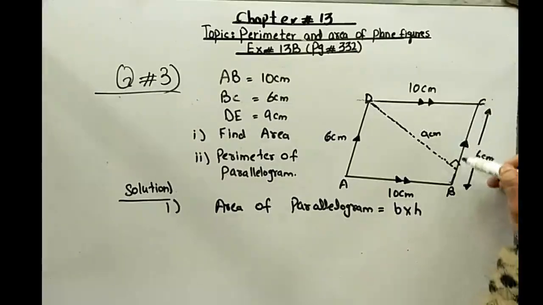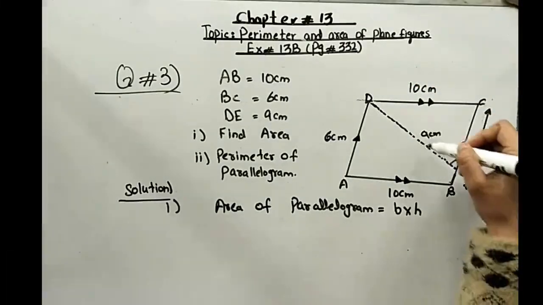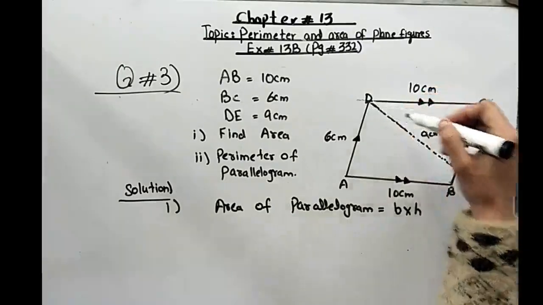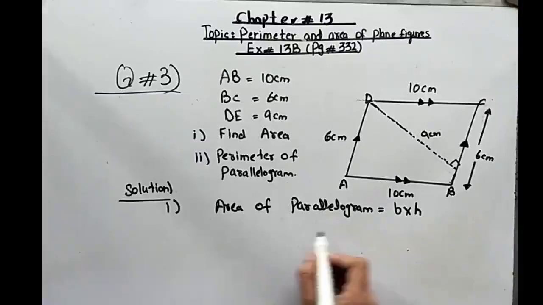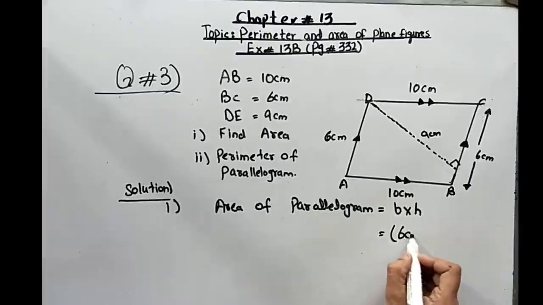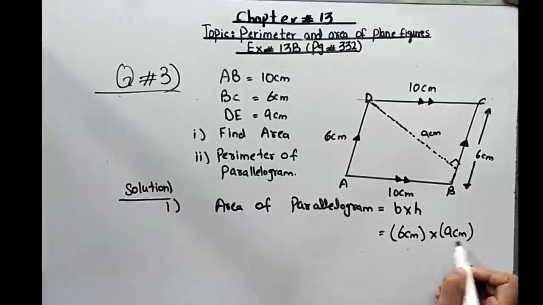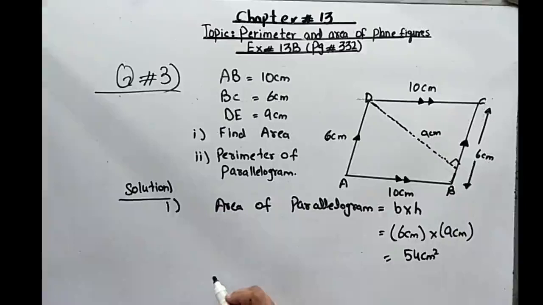This is the base because on this straight line, this line is perpendicular. It means this line is making a 90-degree angle. It means if this one is the height, then this BC must be the base. So base is equal to 6 centimeter multiply height is equal to 9 centimeter. So 9 6s are 54 centimeter square. This is the area of the parallelogram.